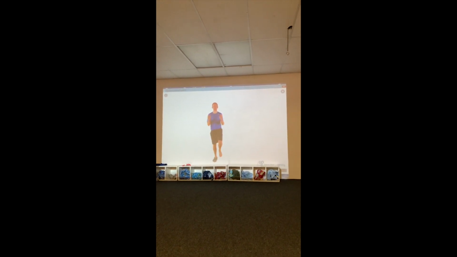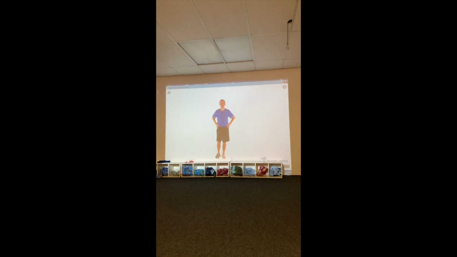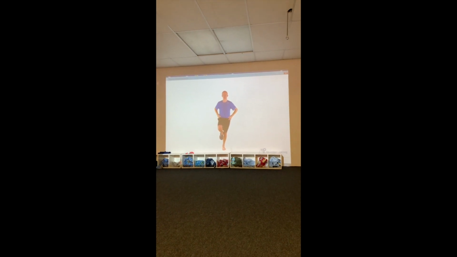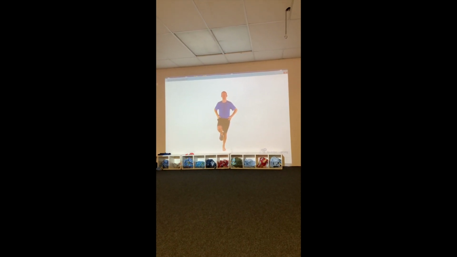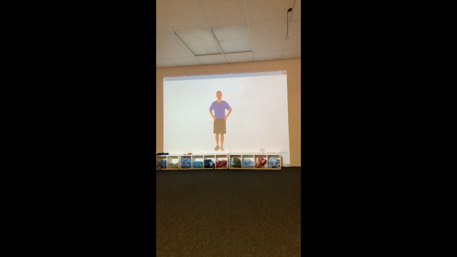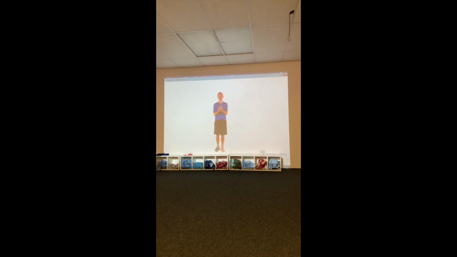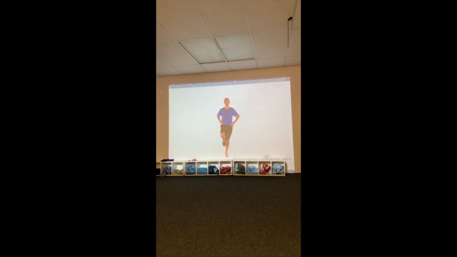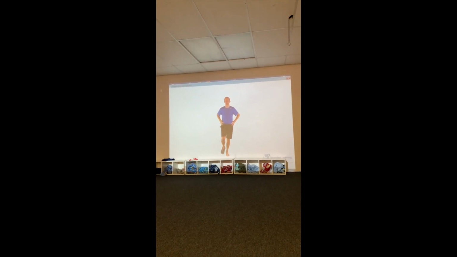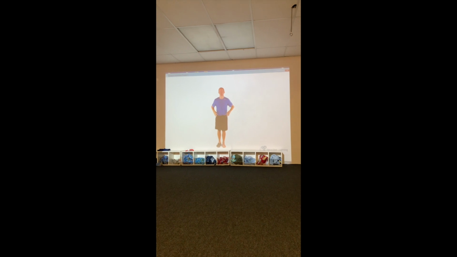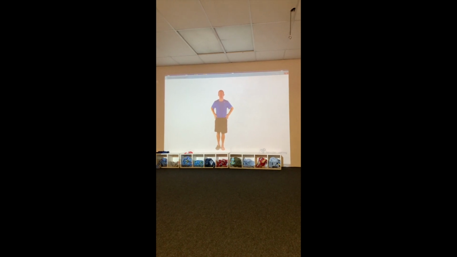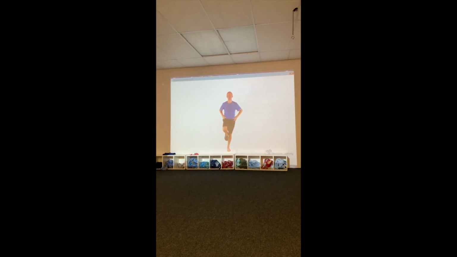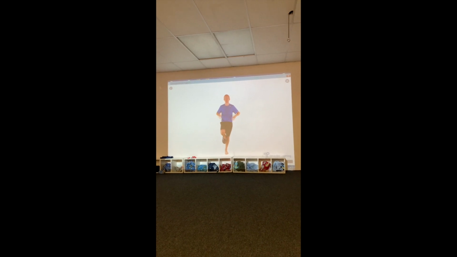Do it again. So now see he's using his other foot. That's how they differentiate that they've got a sock. 5, 6, balance. 7, 8, 9, up. 10, balance. Stop.